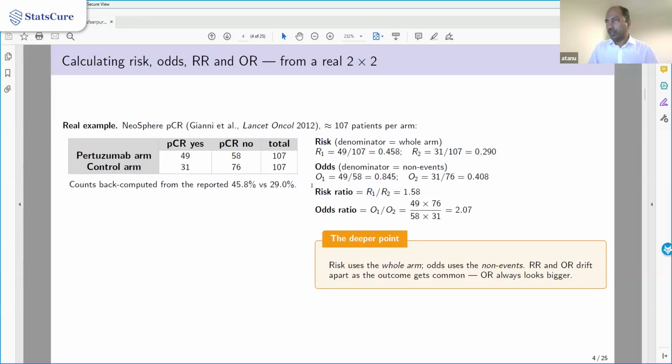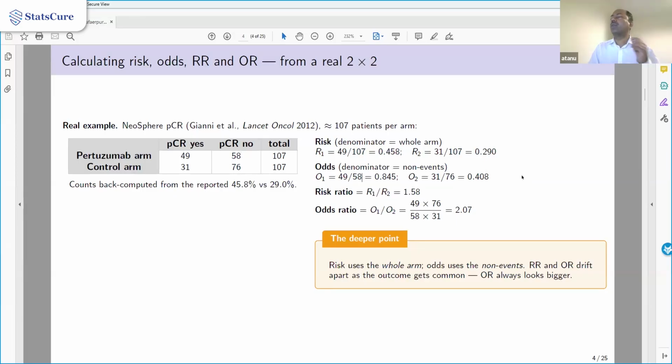Similarly comes the odds ratio. Odds is basically how many had PCR as compared to non-PCR people. Here we call it O1, which is nothing but 49 divided by 58, that is yes-PCR divided by 58, whereas for the control arm it is 31 divided by 76. So odds means yes divided by no. For risk, the denominator is the overall people, but for odds the denominator is the people who did not have PCR.